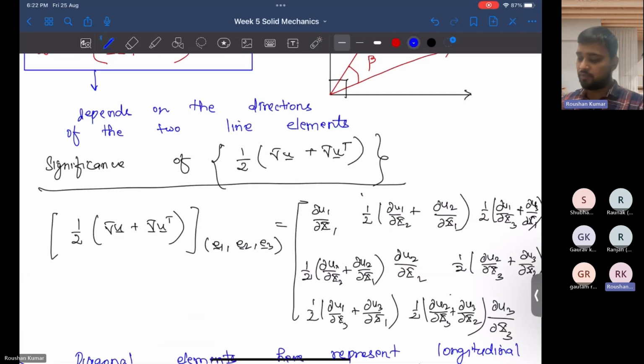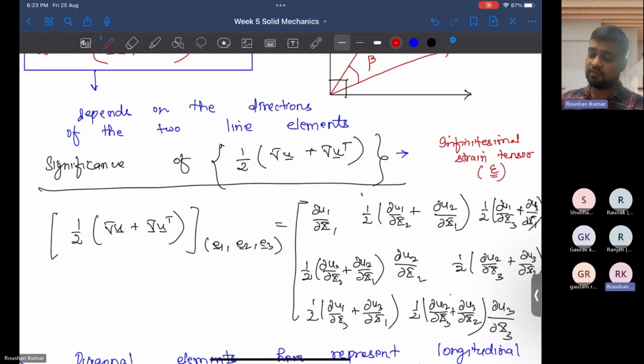One thing I forgot to mention here: this term, half of grad U plus grad U transpose, is referred to as the infinitesimal strain tensor, and it is represented by epsilon, a second order tensor.